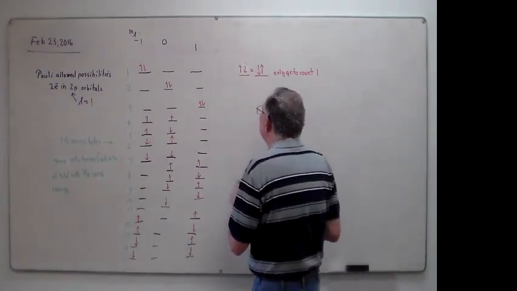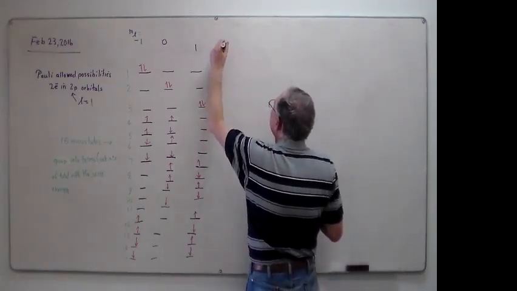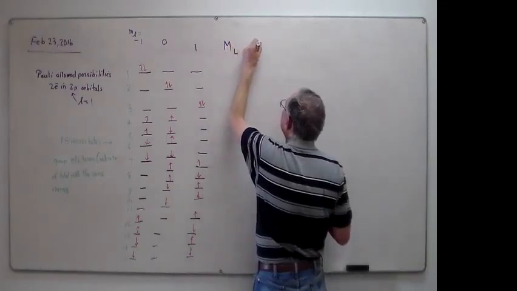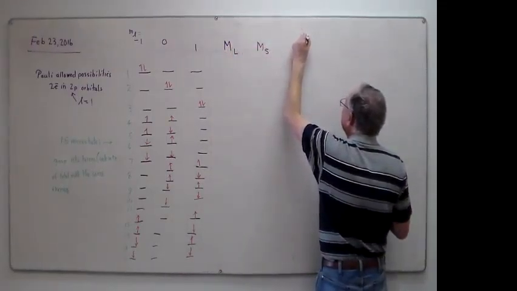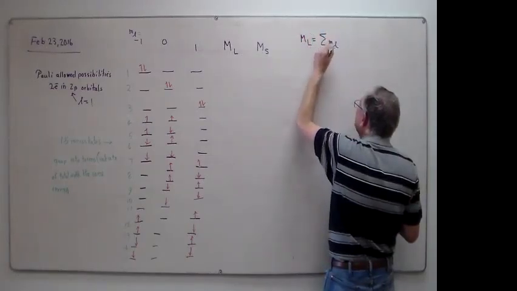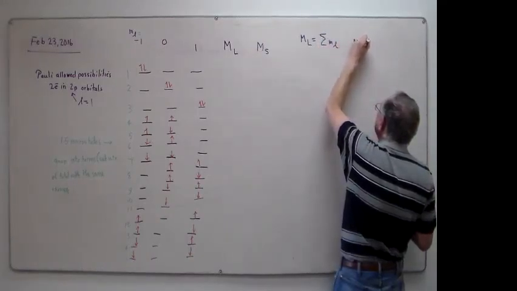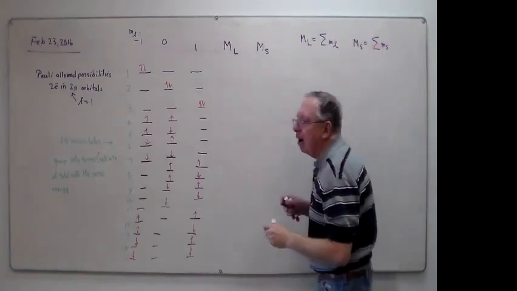All right. Now, let's do the following. We're going to sum up all the m sub l and m sub s values for each of the 15 microstates.